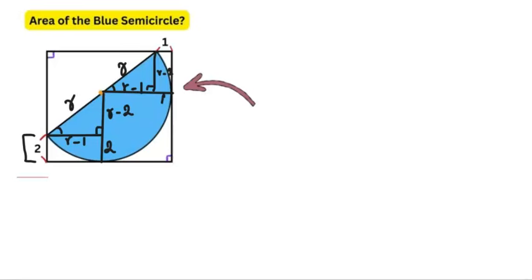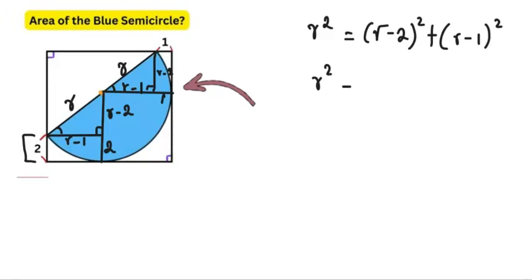Okay, so using the Pythagoras theorem, we have that r squared is going to be equal to (r minus 2) squared plus (r minus 1) squared. For here we get r squared is going to be equal to expand this binomial, we use the following algebraic identity. (a minus b) squared is equal to a squared minus 2ab plus b squared.